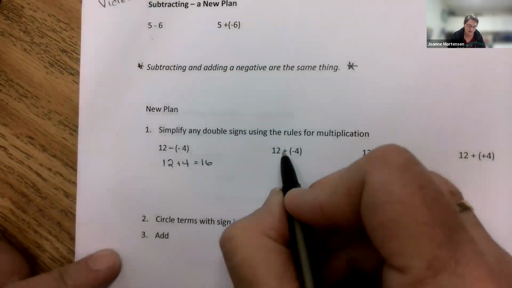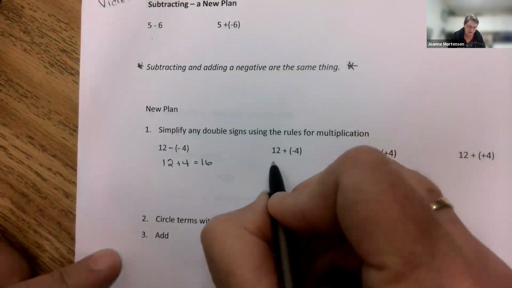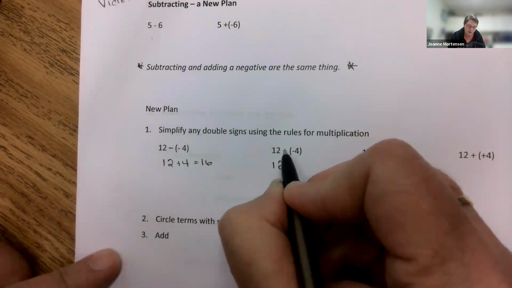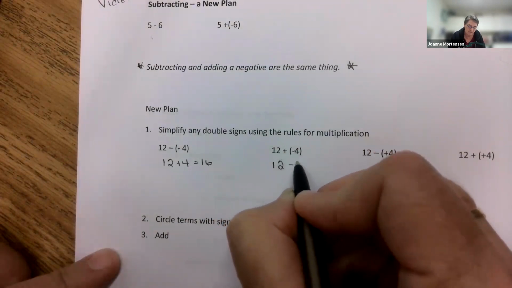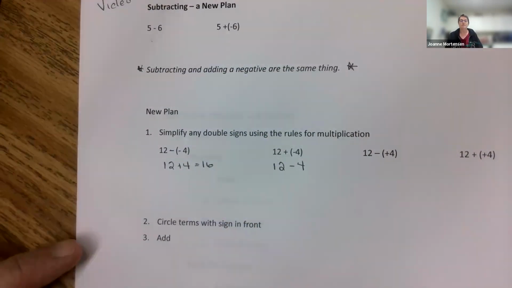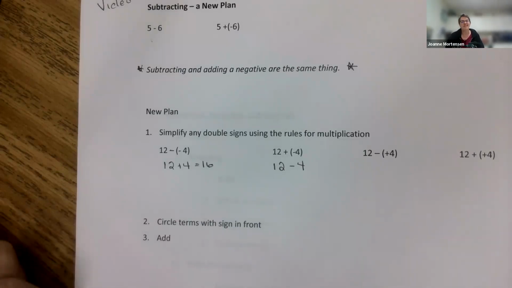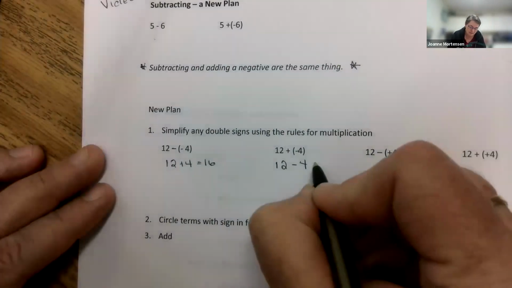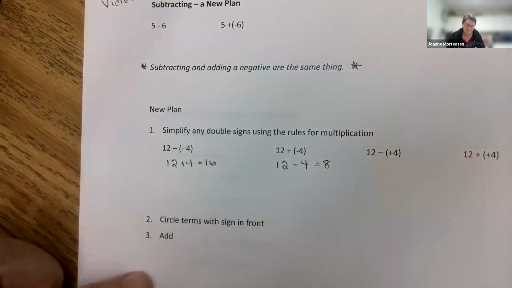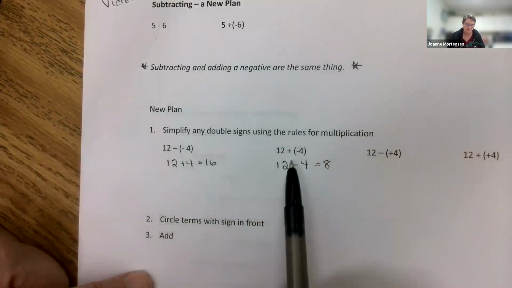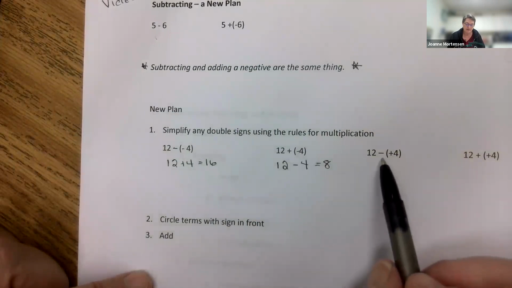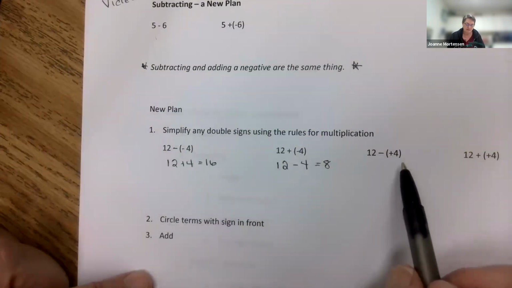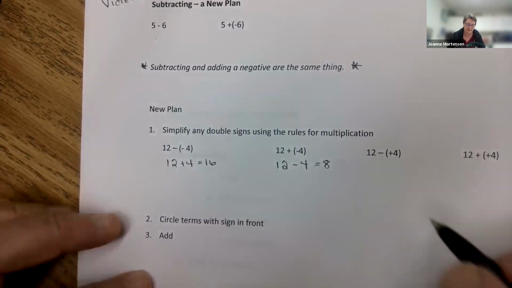Now we've got 12 plus -4. So we're going to go 12 and a positive times a negative is a -4. I guess you already know that, right? 12 minus 4 is 8. But here's the weird thing. Adding a negative or subtracting a positive, those are kind of like the same thing.